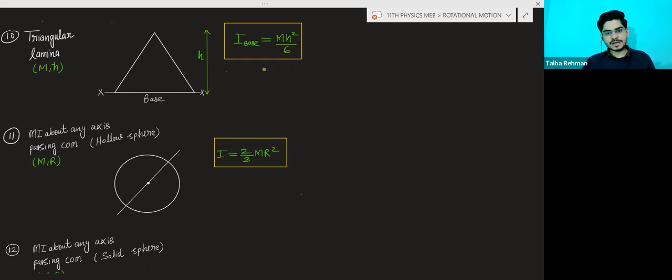About the base, I mean about this axis, the x axis. So this is the hollow sphere here.